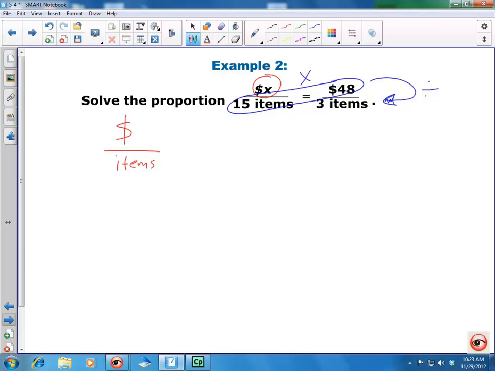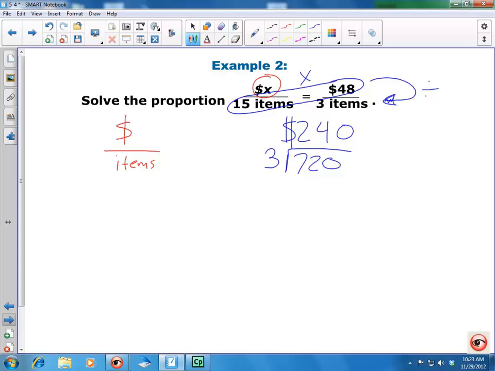So when we get that, we get 720. Then I have to divide by 3. What's 720 divided by 3? That's right, 240.